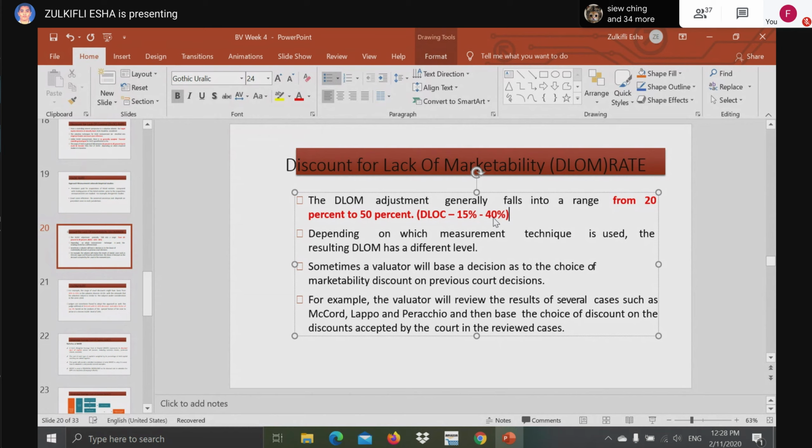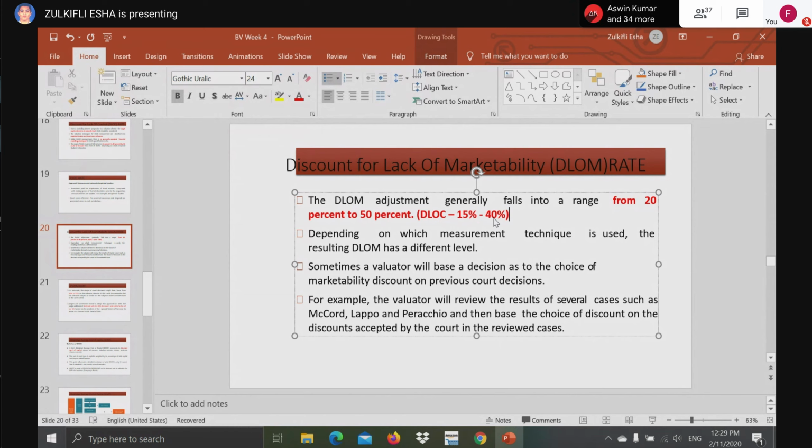So if there are any cases which can be used in order to decide the DLOM rate, you need to use the court cases. In the situation whereby there is no court cases to refer to, then we may use any other means to decide the rate for the DLOM, discount for lack of marketability.